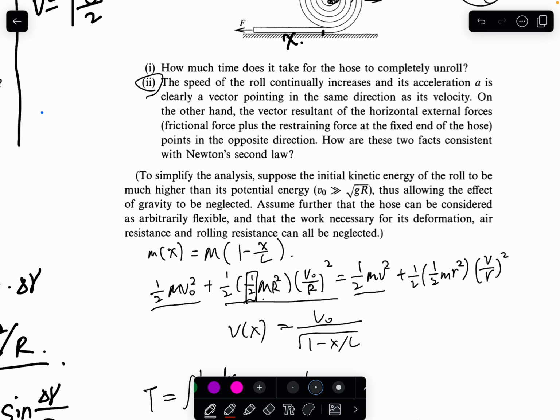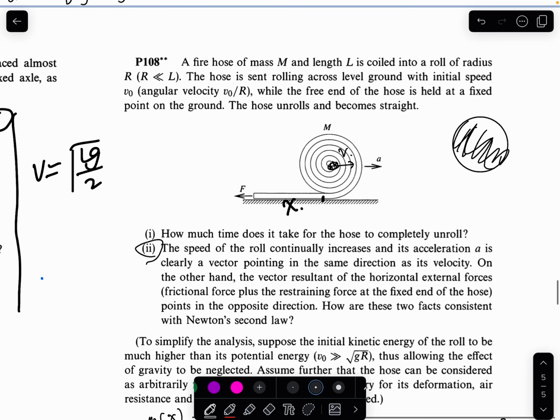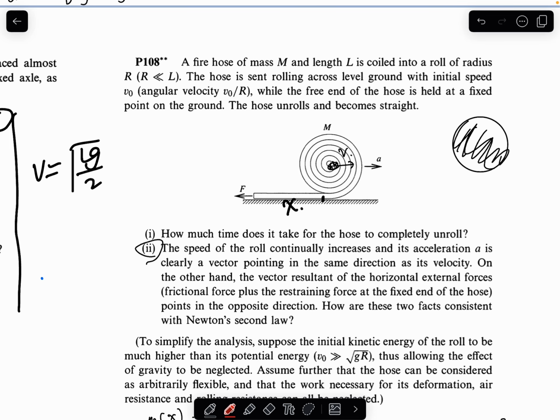And I will provide 2 or 3 hints for you when you encounter such problems. The first one is, is it in contact with other objects?